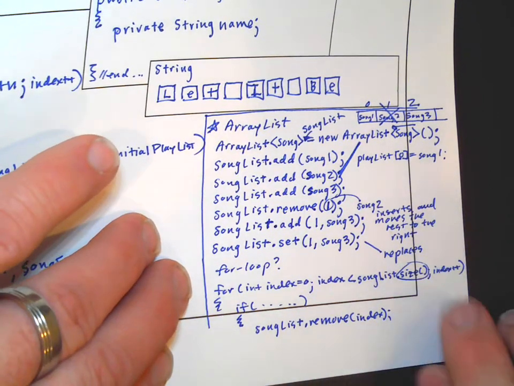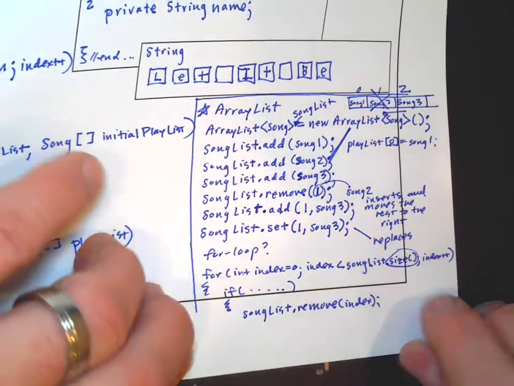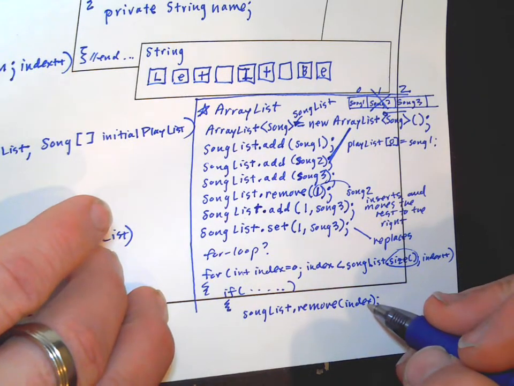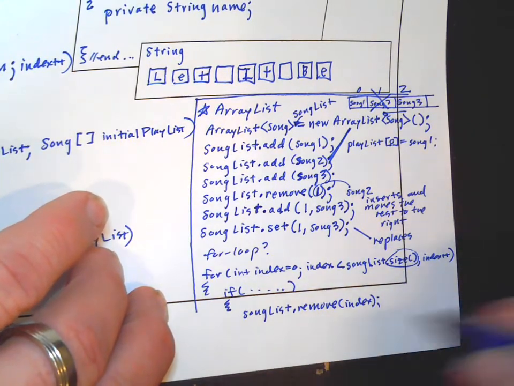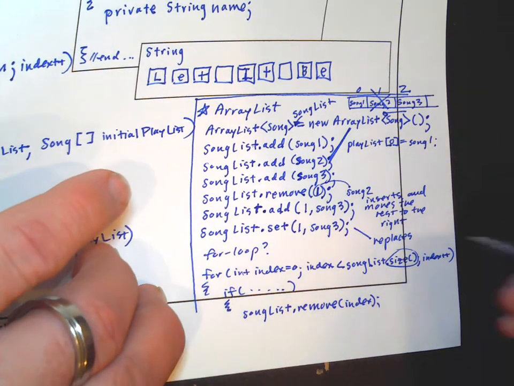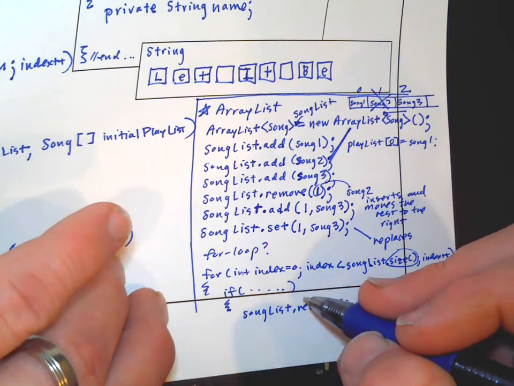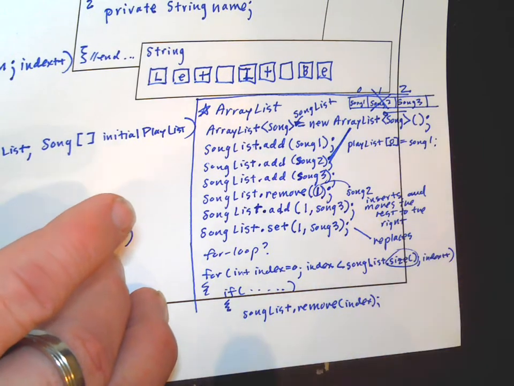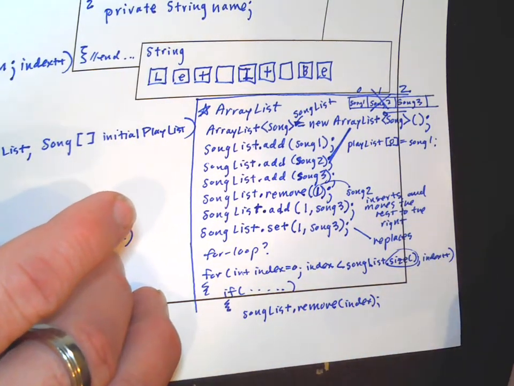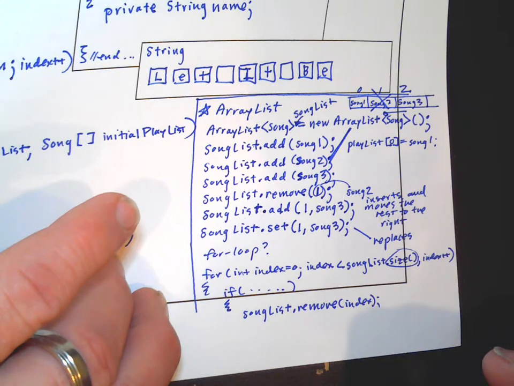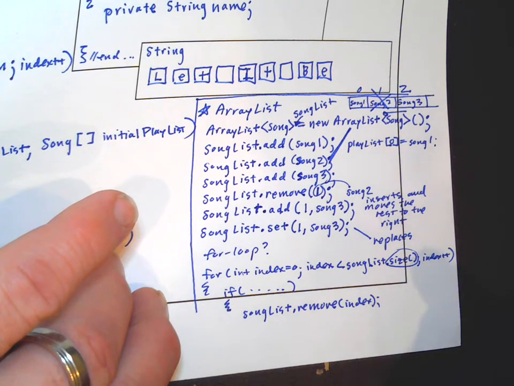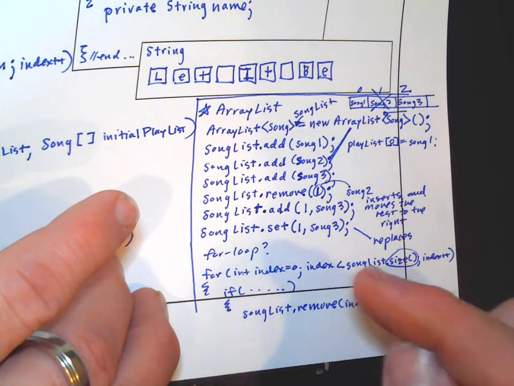Now, here's something you've got to watch out for. When you do that, it resizes it and moves everything down, right? So if you want to check the next spot, the next one actually has replaced the current spot. And if you keep going in your for loop, you're actually going to skip over the next one, because everything got moved down one. You're going to miss the one that would have been next that now is in the current spot.